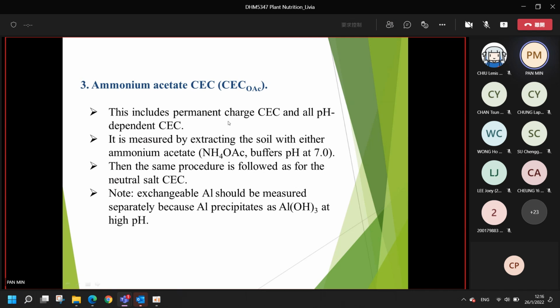So depending on your purpose and your objectives, you can select different methods to measure the CEC level in the soil. It is measured by extracting the soil with ammonium acetate, but using a different solution for the extraction. You also need to buffer the pH at 7.